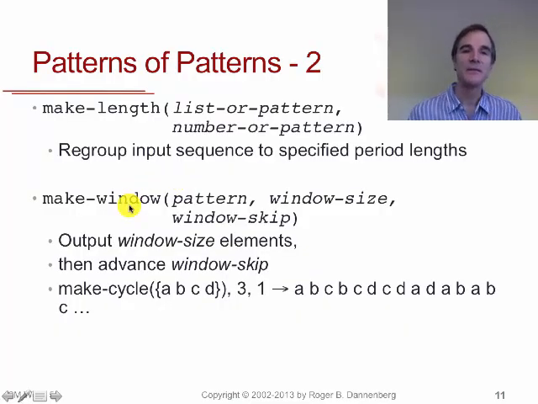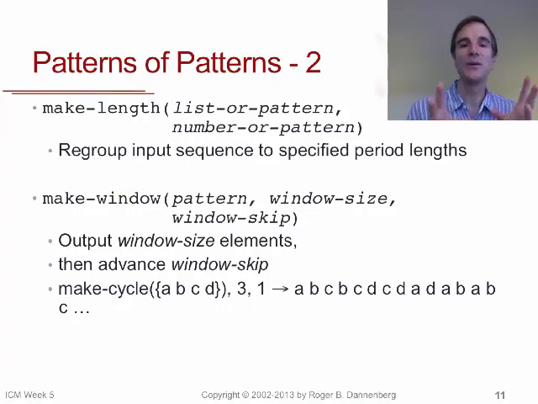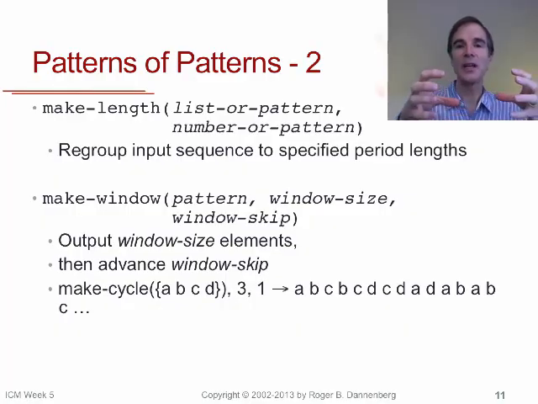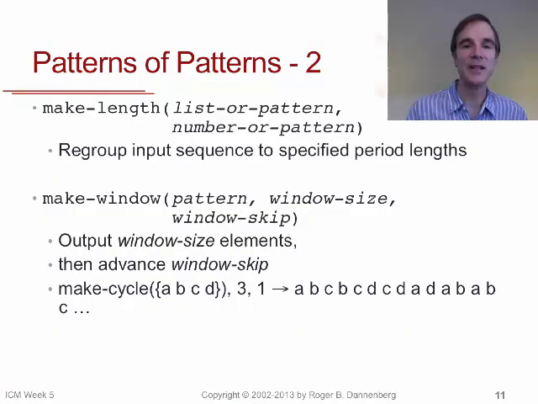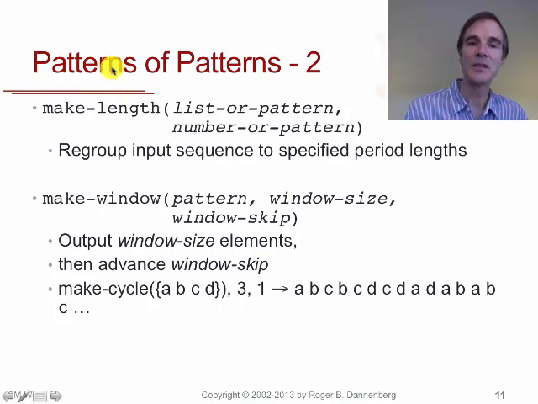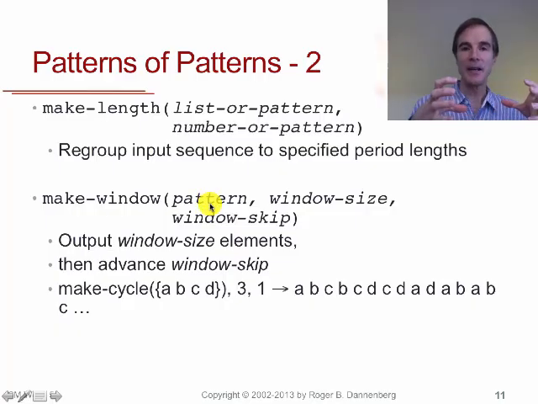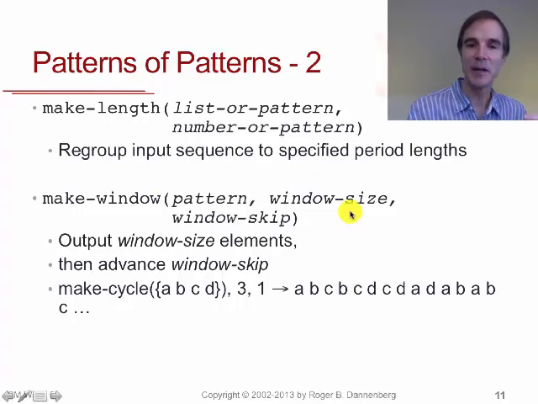Another interesting pattern is make window. So the idea of a window is you have some region that you can slide over some data. And so what window does is it takes the incoming sequence, which is specified by a pattern here, and outputs window size elements from that pattern.